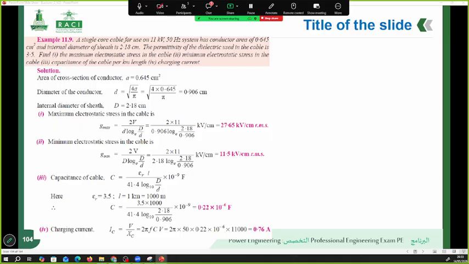So the second part of the slide focuses on the charging current, which arises due to the cable capacitance when an AC voltage is applied. Using the relation IC is equal to 2 pi f C V, where f is the supply frequency and V is the operating voltage, the charging current can be determined to be 0.76 amperes.